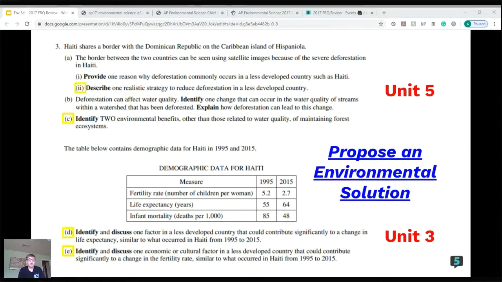And then to explain that, you could go through and say, without trees, there are no large, tall, huge blockers to wind and water runoff erosion. When you have large rainstorms and all of the water comes into the area, you have a ton of soil runoff, and this water gets into the soil, and then it runs off in mudslides, and it gets to the point where all of this mud, soil, and nutrients are running off into the stream instead of being where they're supposed to be.